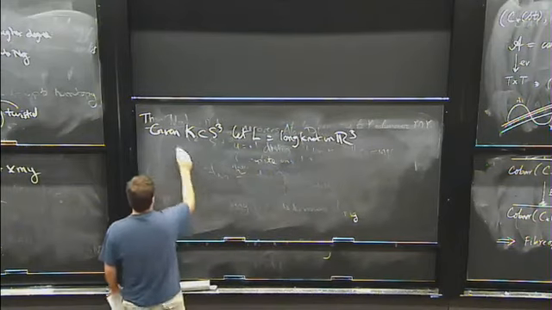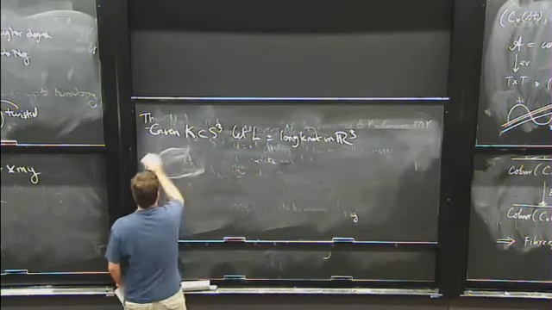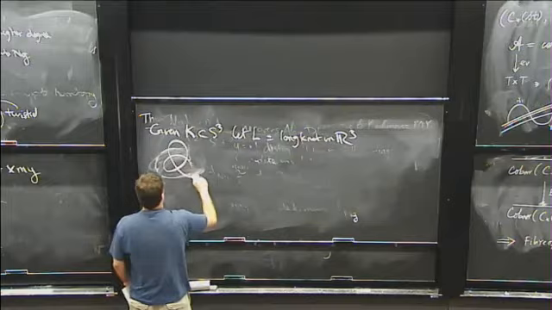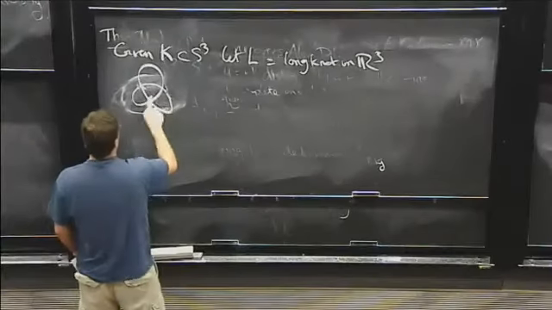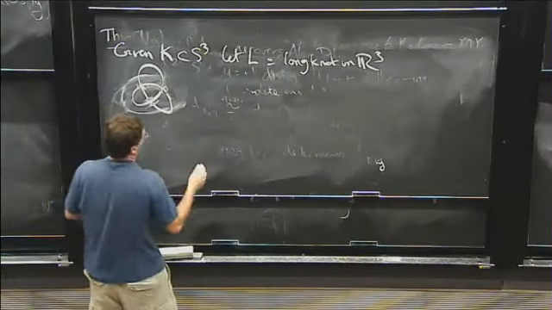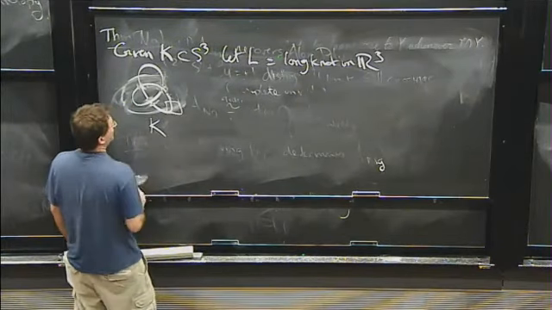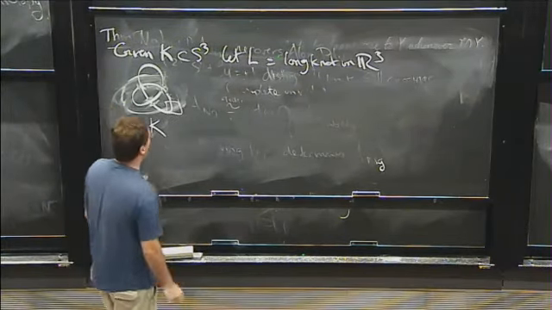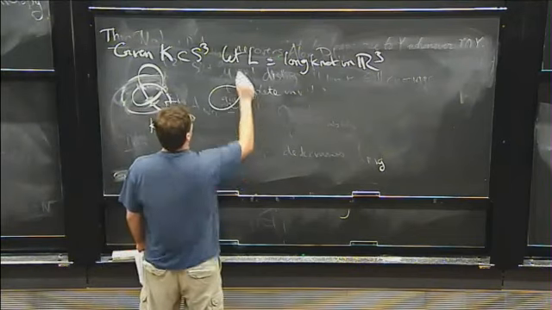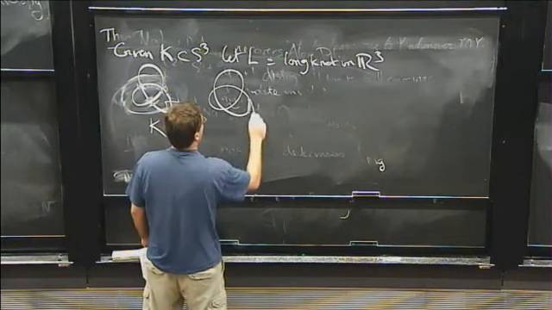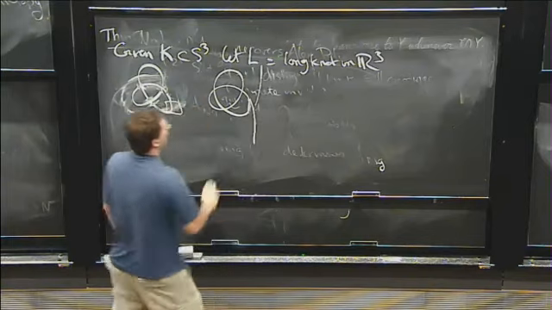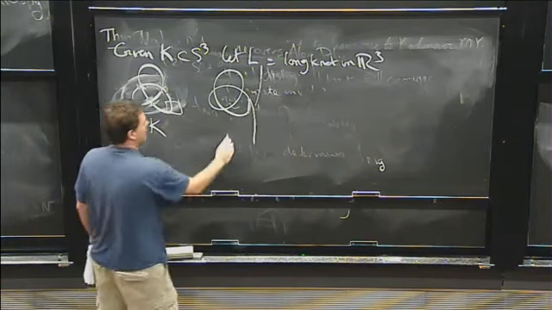So this is going to take me 5 minutes to figure out these crossings, so I'm just going to guess. This one, that one, this one? I don't know. Anyway, so this is some knot in S3, and I remove this little ball here, and I get this long knot in R3.